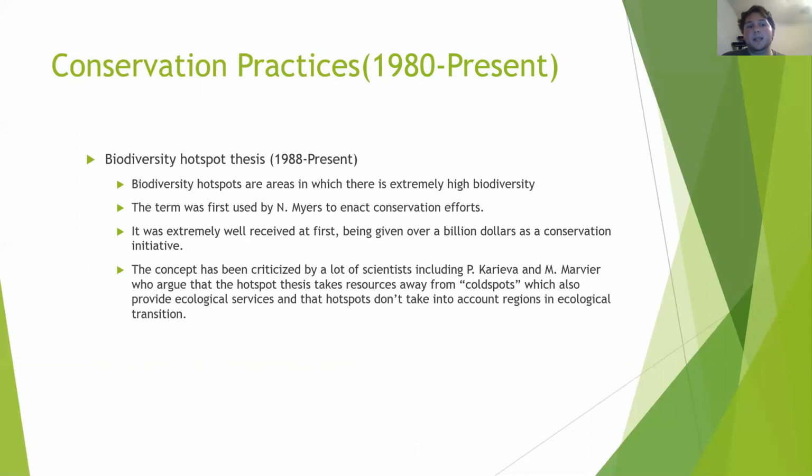And so this idea was proposed by Myers to enact conservation efforts and ended up being able to raise $1 billion to preserve hotspots as they defined them, which ended up being just extremely dense biodiversity areas.